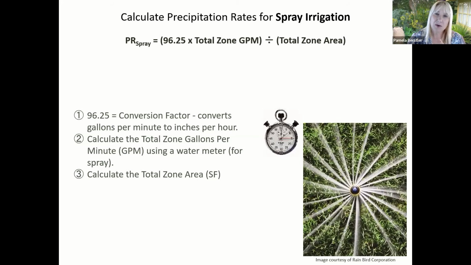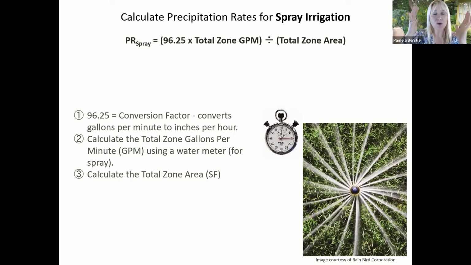calculation. So in the case of, let's say, fruit trees or planter, shrubby areas that are planted with a lot of space between them, you want to actually figure out the square footage of the drip line of those trees or of those planter beds.